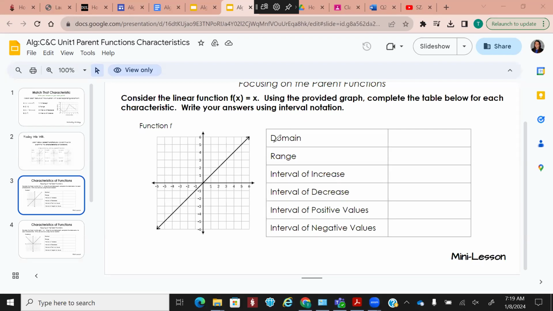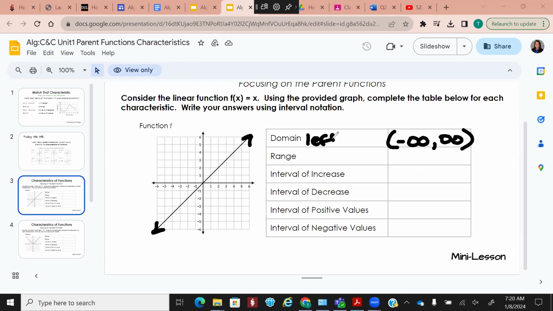So the domain for a linear function is always forever going to be from negative infinity to positive infinity. What this means is that there's an arrow on the end, and it continues on forever in the left direction, and it continues on forever in the right direction. That's all this is saying.